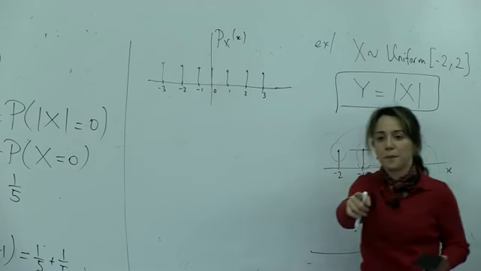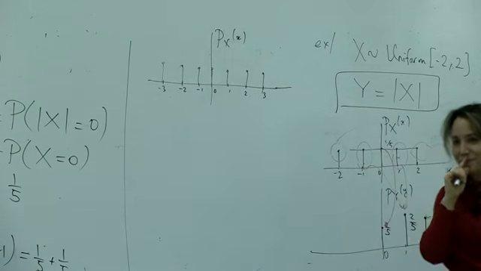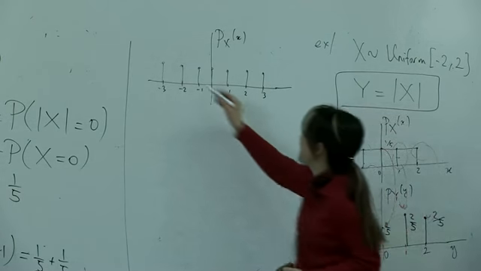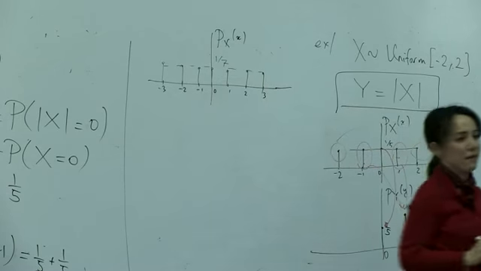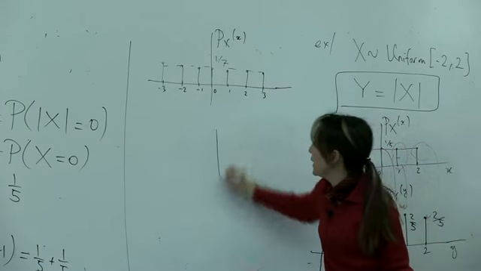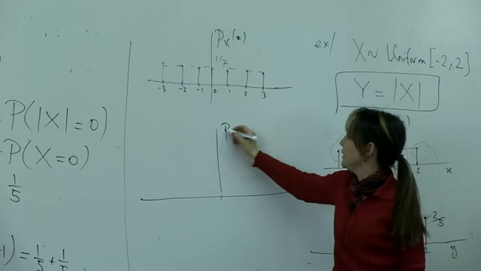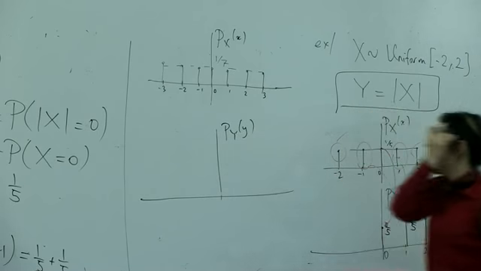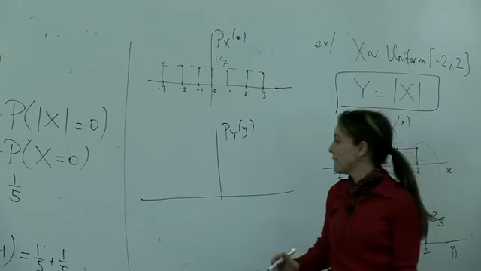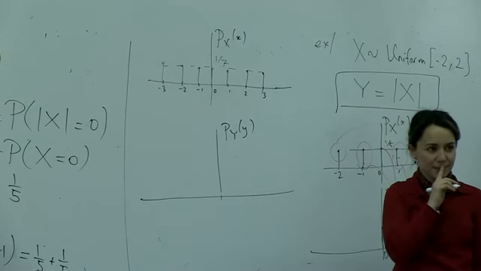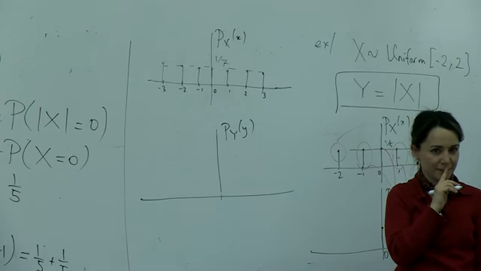How many values? 7, right. This was the PMF. Let's compute the PMF for y, py of y. What's the PMF for y? What is the support of y?